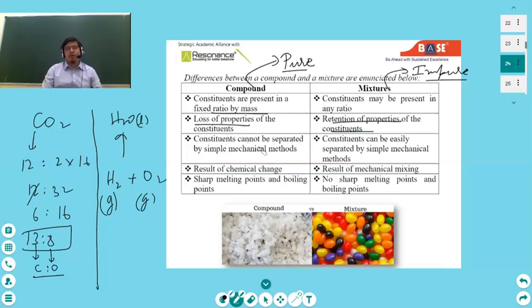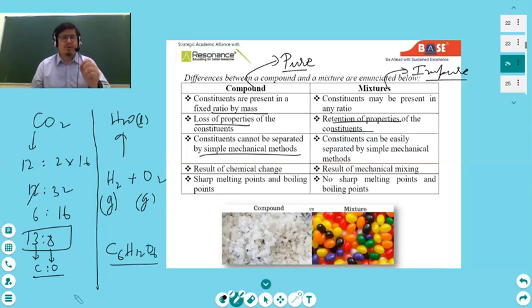Third, constituents cannot be separated by simple mechanical methods. Suppose you take the glucose example, C6H12O6, this is your glucose. Now, if you want to remove 6 hydrogens to make it C6H6O6, you cannot do that. That's not possible.